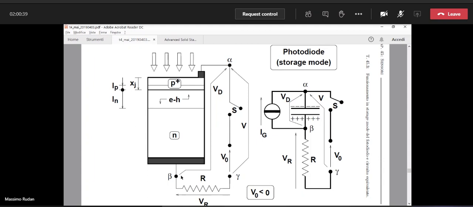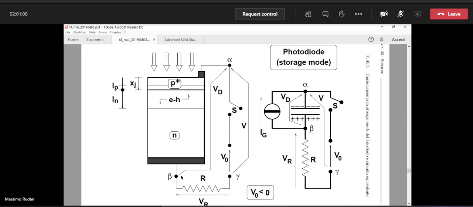So we don't have a continuous description of the light impinging on the device, but only information from time to time. So somehow we are losing something, okay? We are losing the continuity of the information. We can live with it.